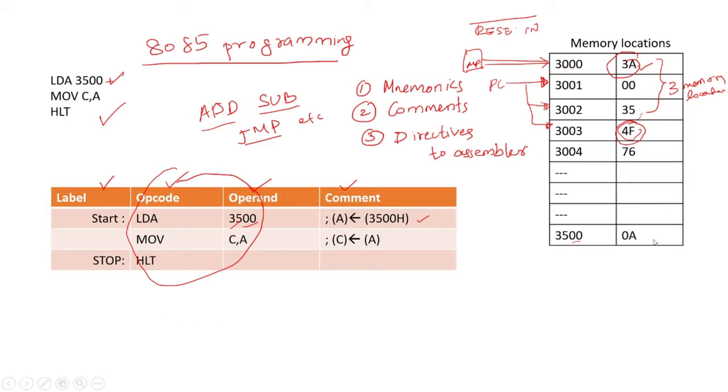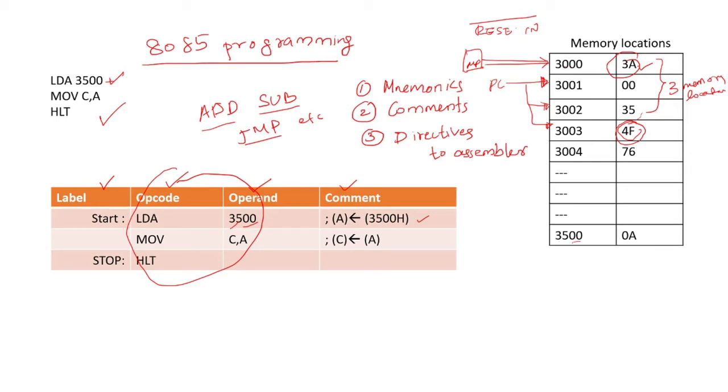Here the task is to transfer the content of 3500, that is 0A, into the C register. So now let's discuss this assembly language program. We know that in the case of 8085 the accumulator is very important. There is no direct instruction to transfer the content of a memory location directly into any of the internal registers, any of the six general purpose registers.